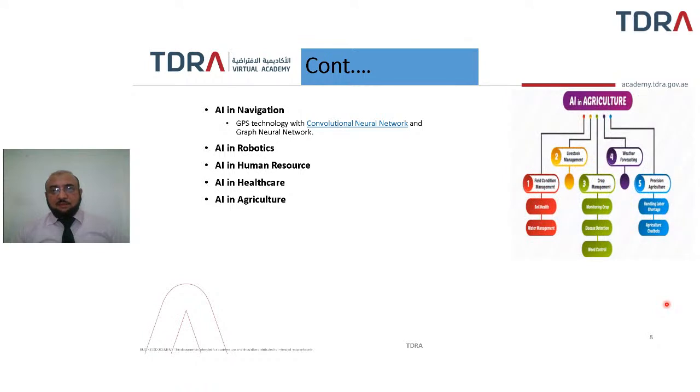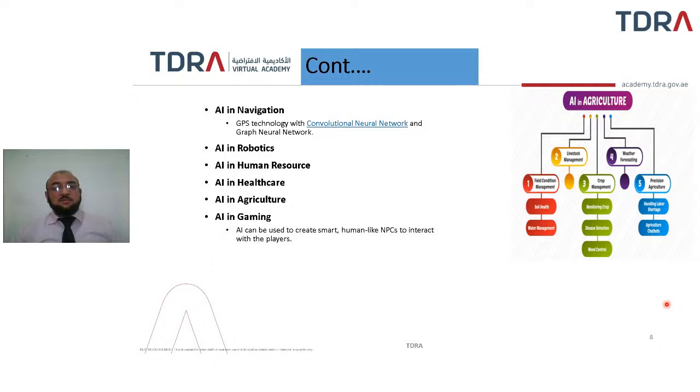Then we have AI in agriculture, like field condition management. AI is helping in soil health, water management, monitoring crops, and disease detection. Then there is weed control. Then we have water forecasting, weather forecasting, precision agriculture, and a lot of other applications of AI in agriculture.